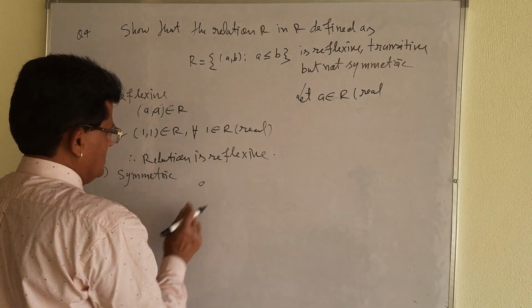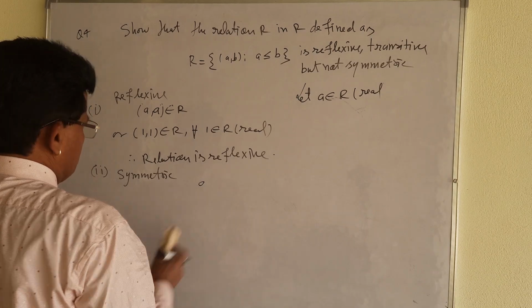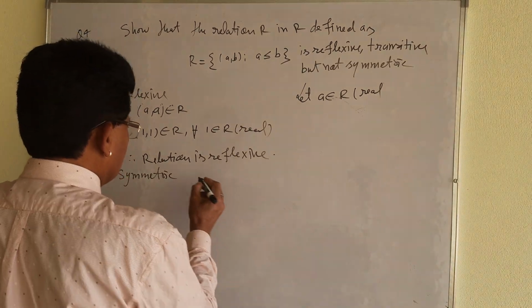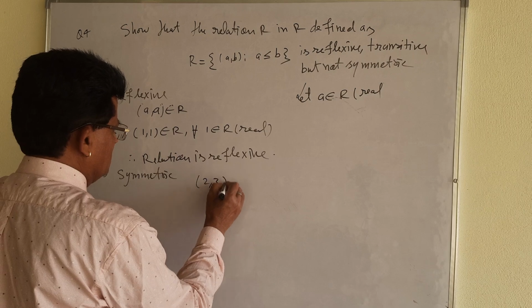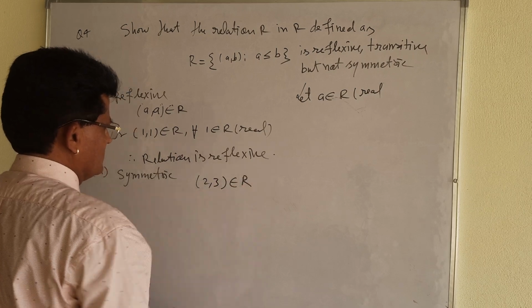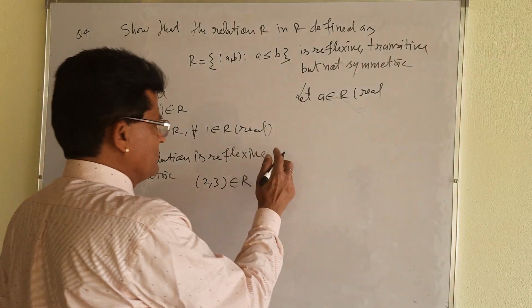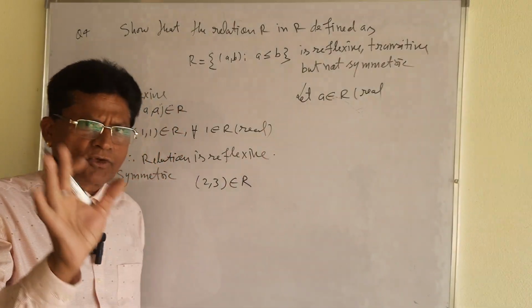Suppose 2, 3, or 1, 3, or 1, 2, or 3, 4, whatever you want to take, you can take. (2, 3) belongs to R, because 2, 3 belong to the set of real numbers.